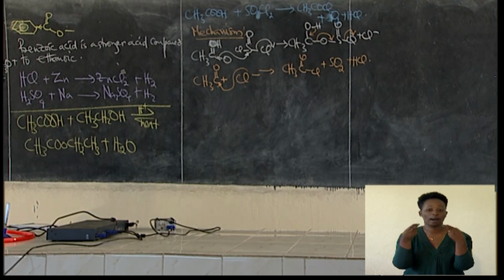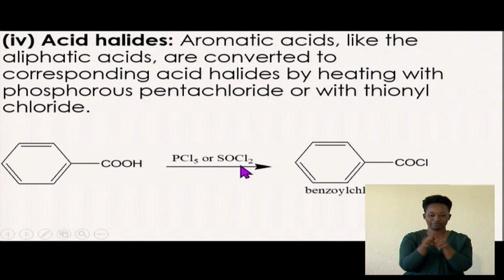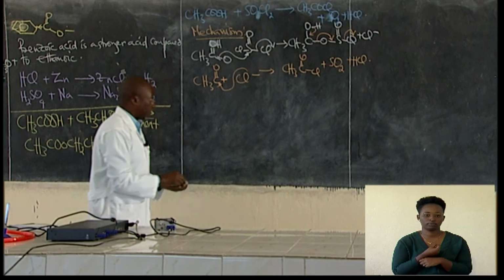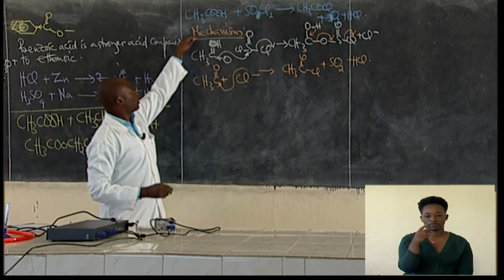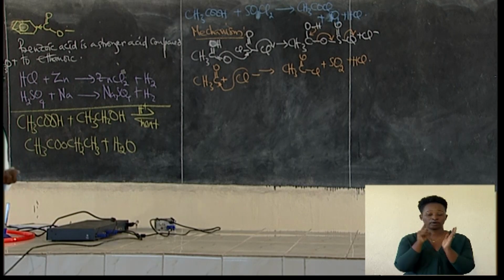So if you have benzoic acid, it is reacting with phosphorus chloride and the same reaction, thionyl chloride, is formed. Because here I'm just comparing the reactions, I said they are the same reactions.